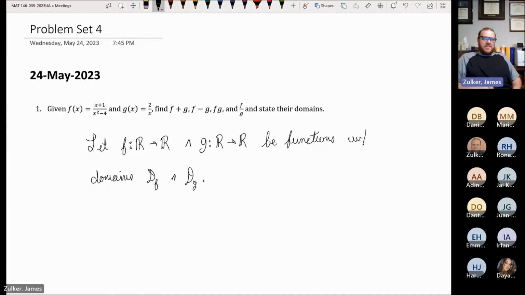So consider functions f and g that have domains d sub f and d sub g respectively.